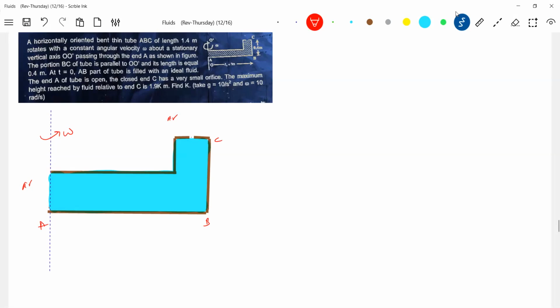The maximum height reached by the fluid relative to C; here it will have relative velocity, and this has to be calculated. The length is L. Let this be Y, and let me take H.